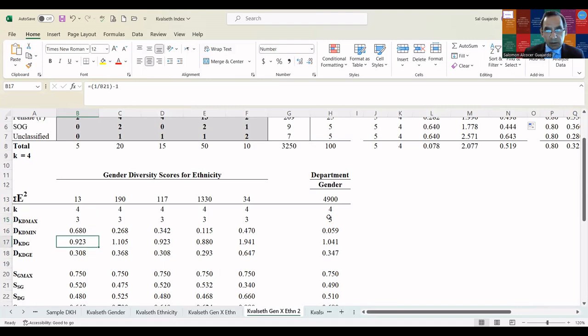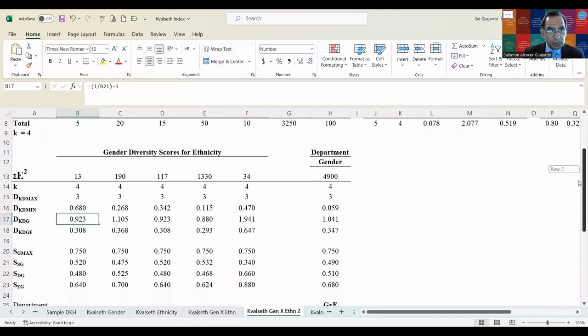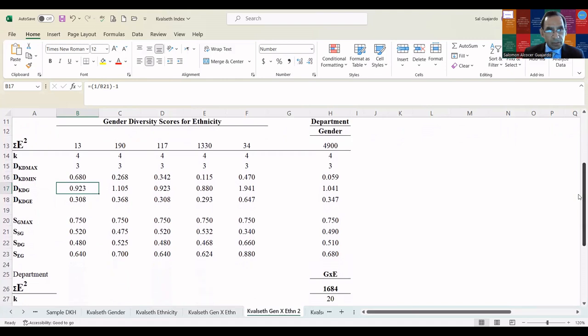Recall that the Kvalseth homogeneity index is based on the Simpson concentration score. So here I have 1 divided by the concentration score for Asians for gender, which is 0.520. So it's 1 divided by 0.520 minus 1.